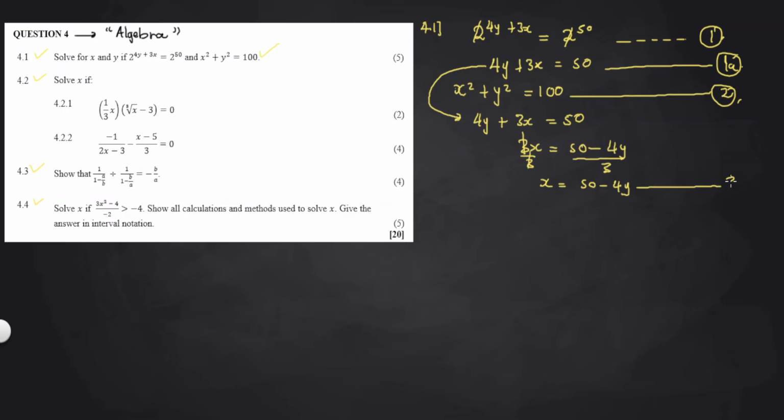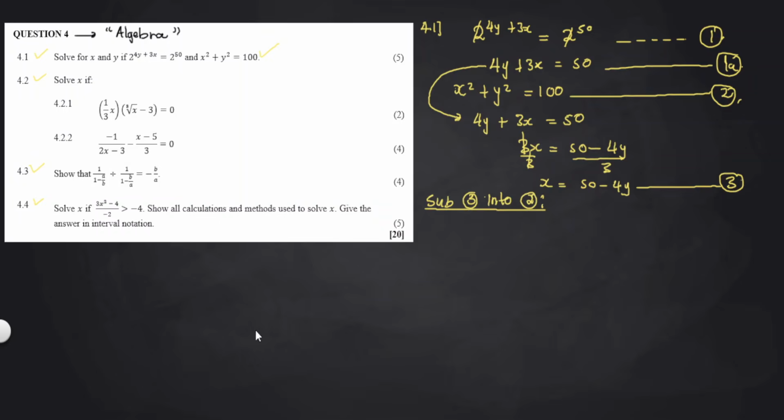Let's call this equation number 3. Then we substitute this third equation into equation number 2. This simply means that where there's x in the second equation, I'm going to substitute 50 minus 4y over 3.